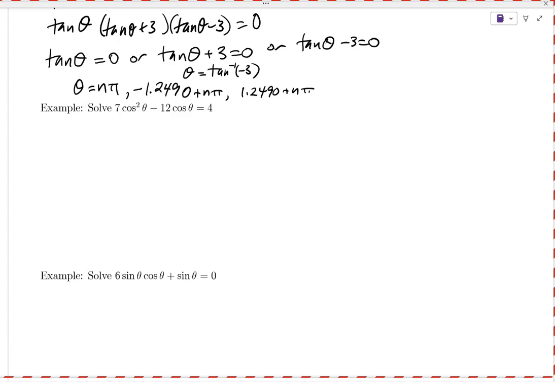Subtract 4. Yeah, better put 0 on one side, right? Get 0 on one side, so move the 4 over. So we have 7 cosine squared theta minus 12 cosine theta minus 4 equals 0.